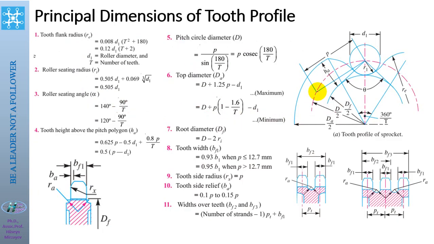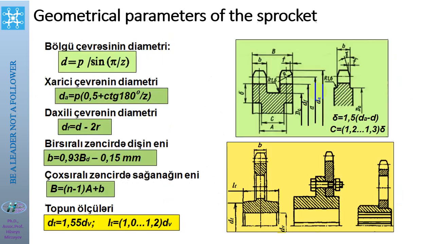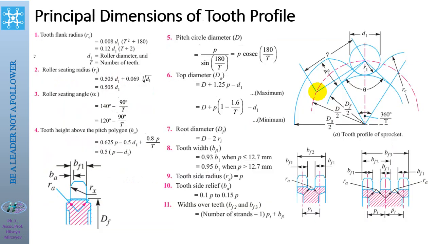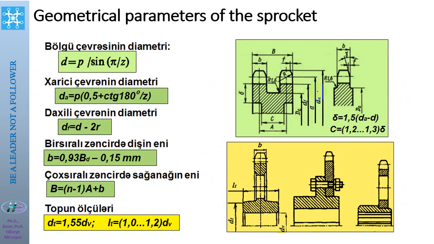Okay. This is a geometrical construction calculation of the chain sprockets, dimensions, and pitch circle diameters of the sprocket calculated depending on the pitch, P divided by sine of 180 over Z. Z is the number of teeth, Z1 for the pinion, Z2 for the gear of the driving chains.